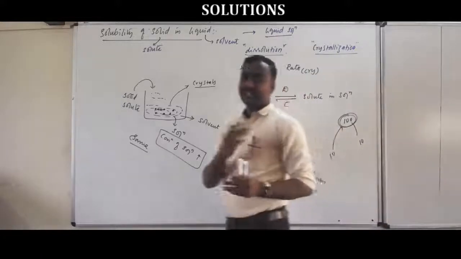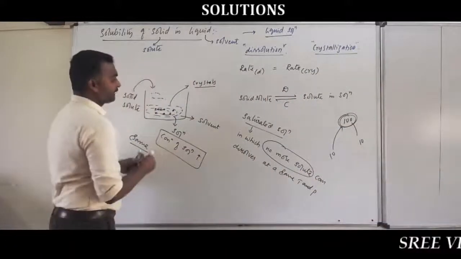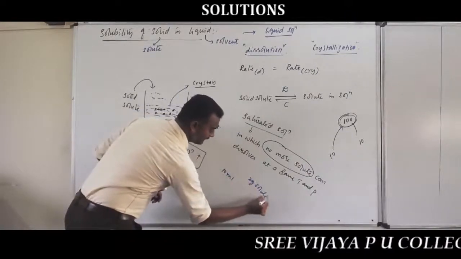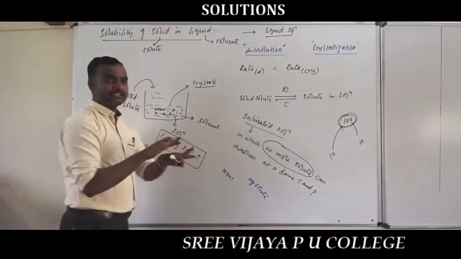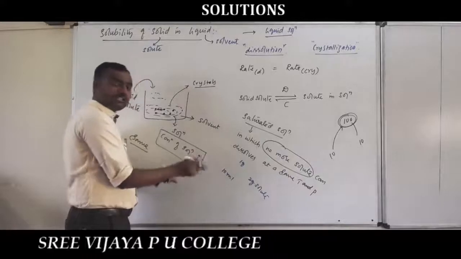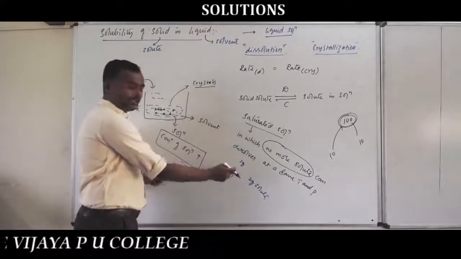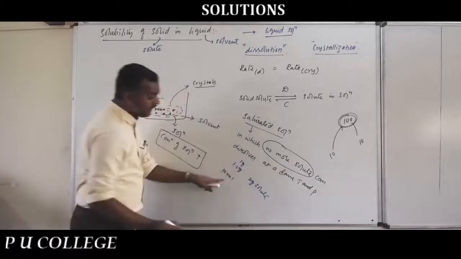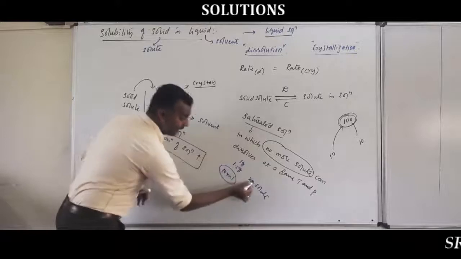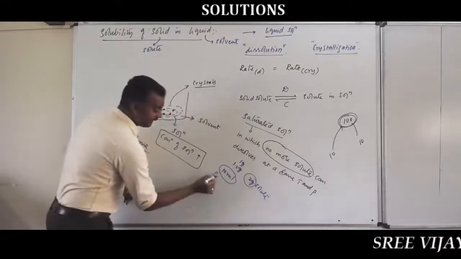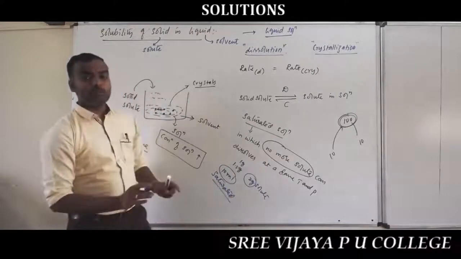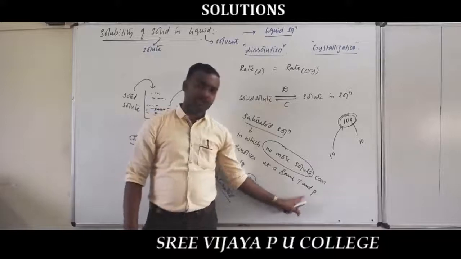And one more thing is the unsaturated solution. For example, in 10 ml of water a maximum of 2 grams of solute dissolves. Once 2 grams dissolve, it becomes saturated. When 1 gram is dissolved, it is still unsaturated; it still has the capacity to dissolve another gram. When 1.5 grams of solute is added, that also dissolves because it is still unsaturated. After a maximum of 2 grams dissolves in 10 ml of water, the solution becomes saturated. Once saturated, no more solute can dissolve at the same temperature and pressure.